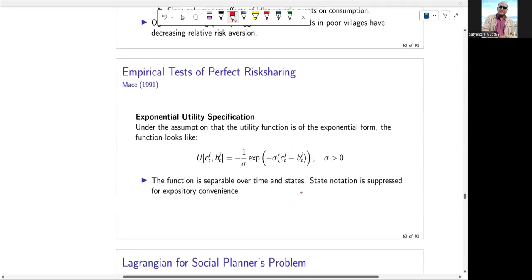When we are trying to test this hypothesis that aggregate consumption affects the individual's consumption as well, we need to assume some utility function.